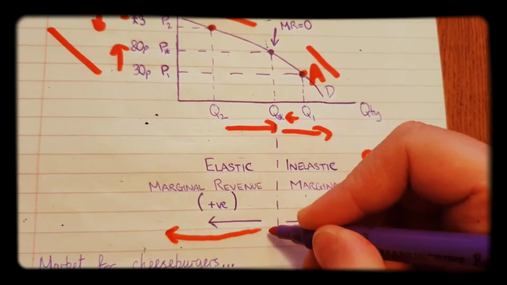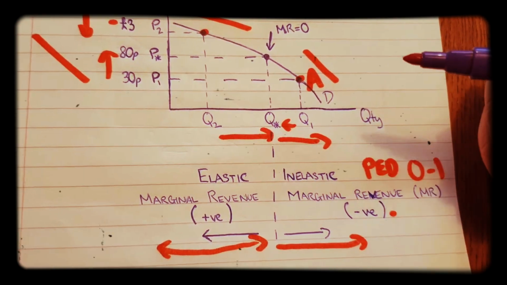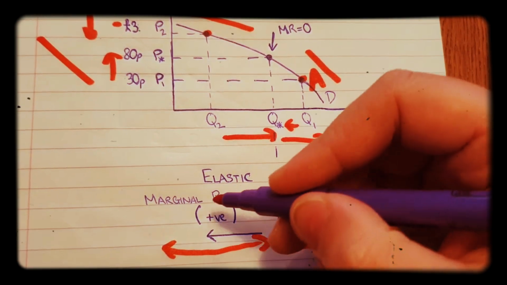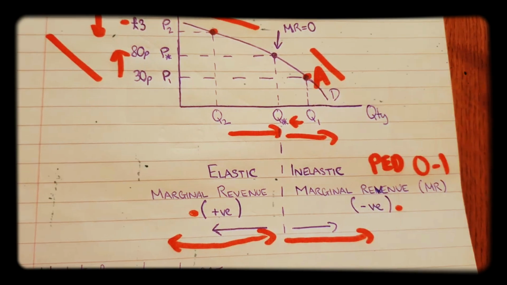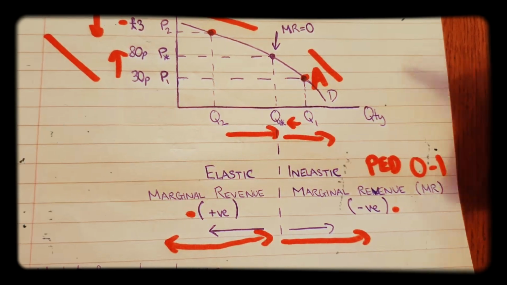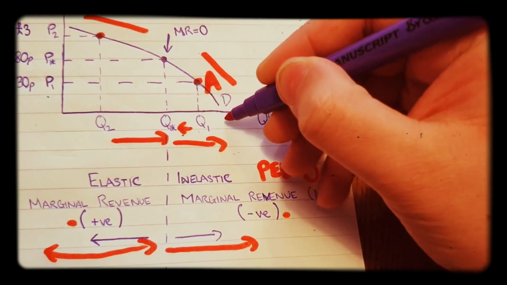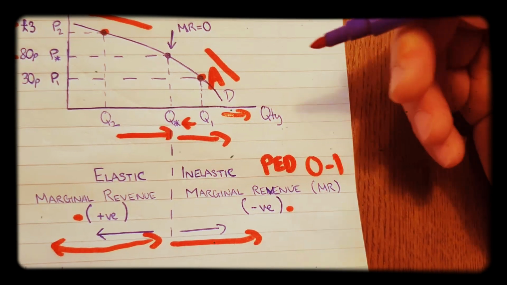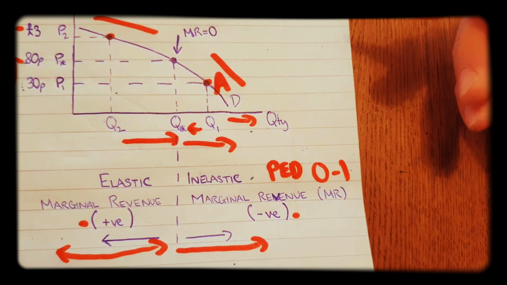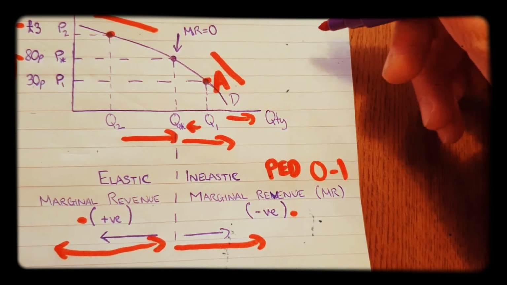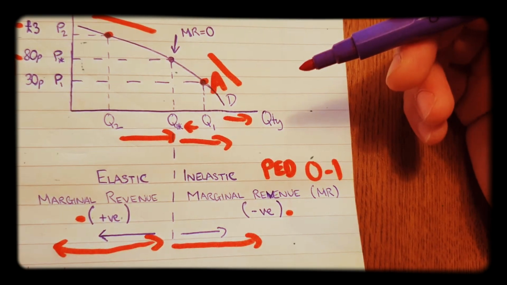Say, in this range here, the firm should be decreasing the price and producing more output. Here, the marginal revenue will be positive because every unit they make is adding revenue to the business. Whereas over here, if they made more units, so let's say for example from point A, we continue to make more cheeseburgers and drop the price even more, every unit you make would actually be losing you revenue compared to the points before that, okay?